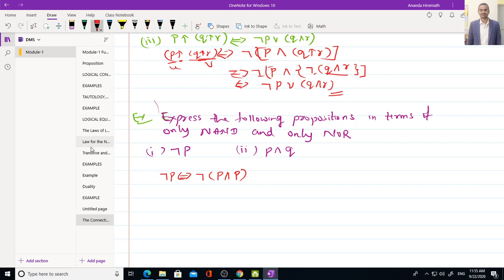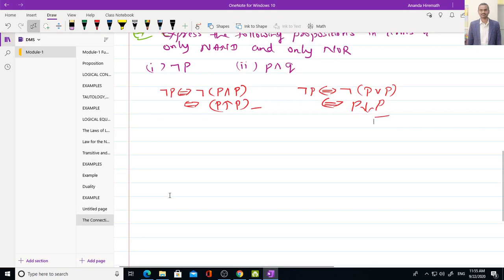Now it will become not (P and P), so it will be P NAND P. So we have represented it only in terms of NAND. Now similarly for NOR, not P can be written as not (P or P) by using idempotent law. It will be NOR, so P NOR P. Now we have represented it only in terms of NOR.